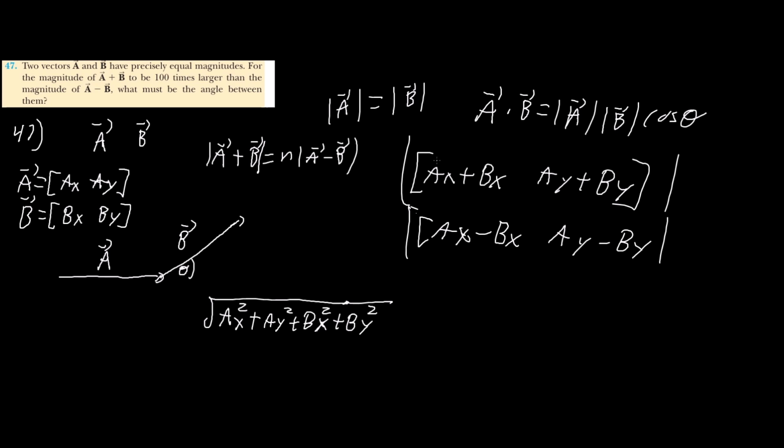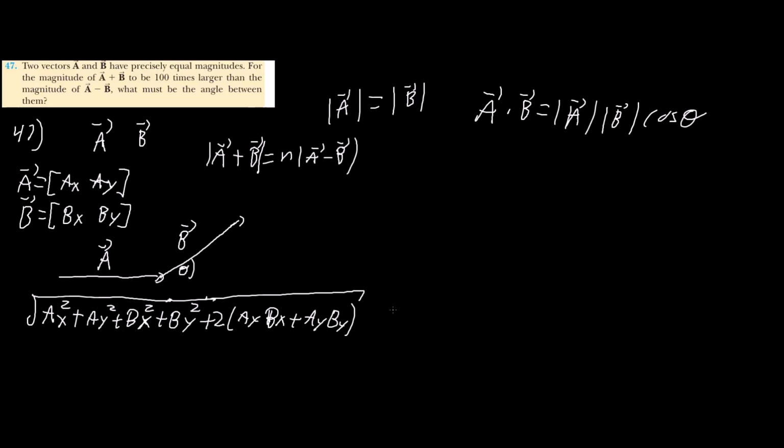Notice I took this square, I FOILed this, but I'm doing it at the same time: this square, plus this square, plus 2 of that thing, plus 2 of the other thing, but I'm going to factor out the 2 and put it as plus 2 of AX BX plus AY BY. So right there, folks, that is the magnitude of A plus B with the square root.